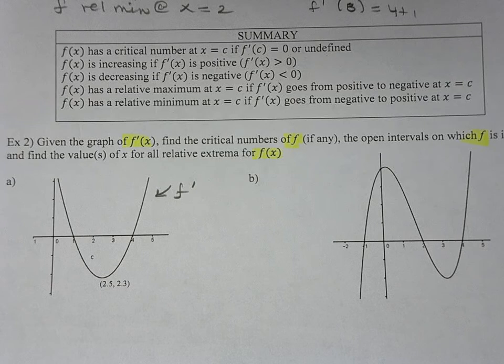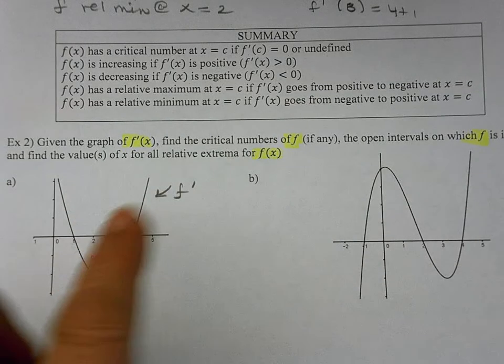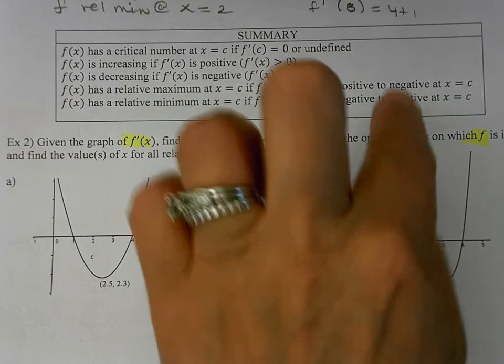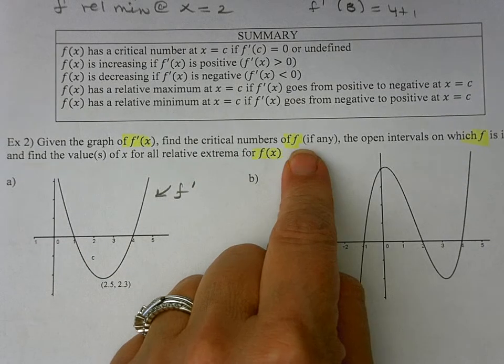So you cannot just look like you did in Math 3 and say there's a minimum, there's a max, there's increasing, there's decreasing. You have to use your definitions. So I would just do it a piece at a time. If we want to find the critical numbers for f, then we need to go to the definition.